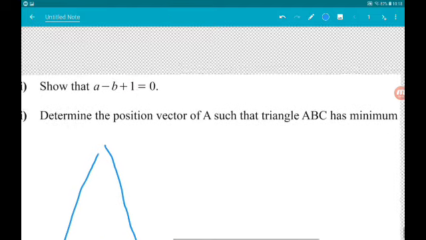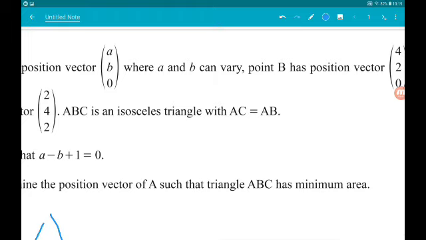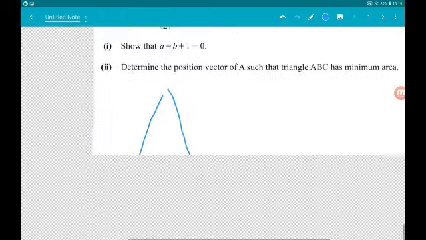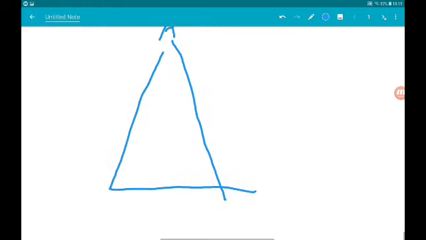So we know that, what are we told? We are told that AC is equal to AB. So, I'm just going to put A at the top, and then B and C can be either one at the bottom. Now, remember that this triangle is not sat perpendicular to the base. So we don't want the perpendicular height.